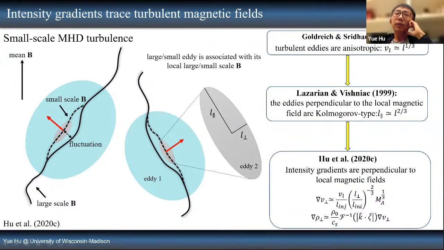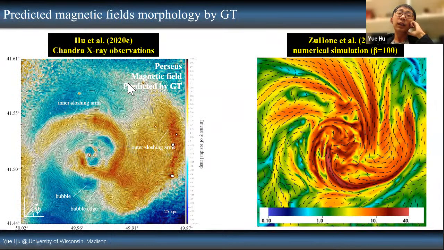Therefore, for both the large-scale hydroturbulence and the small-scale MHD turbulence, we just need to know the direction of the intensity gradient and rotate it by 90 degrees to get the direction of the magnetic field. Here I show an example of the magnetic field traced by the intensity gradient technique in the Perseus galaxy cluster, observed in X-ray emissions.